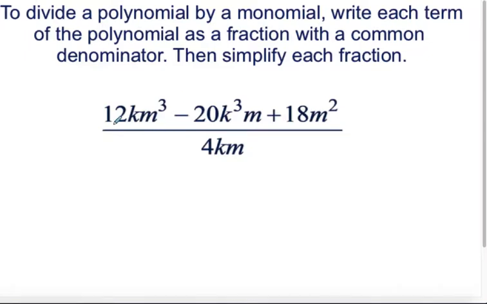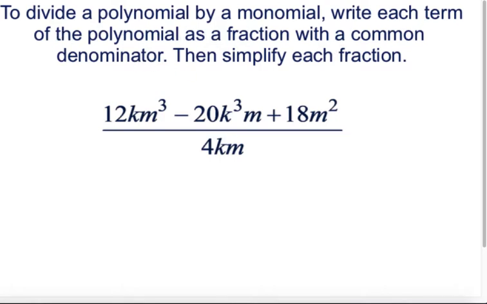Our first example is to divide this polynomial, 12km to the third power minus 20k to the third power m plus 18m squared, by this monomial, 4km. We want to divide by writing each term of the polynomial as a fraction with a common denominator.